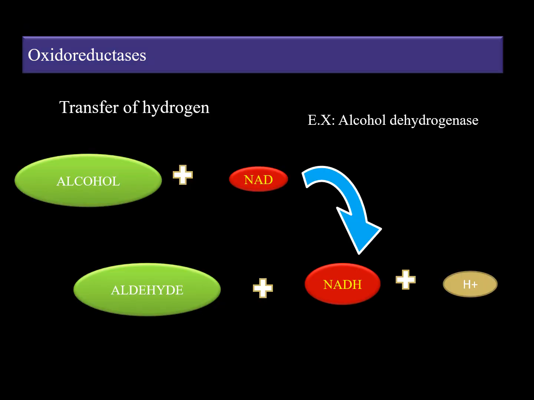Oxidoreductases include enzymes like dehydrogenases, oxidases, and reductases. They often use coenzymes like NAD or FAD. These enzymes are essential in pathways like glycolysis, the TCA cycle, and the electron transport chain, where energy is produced.